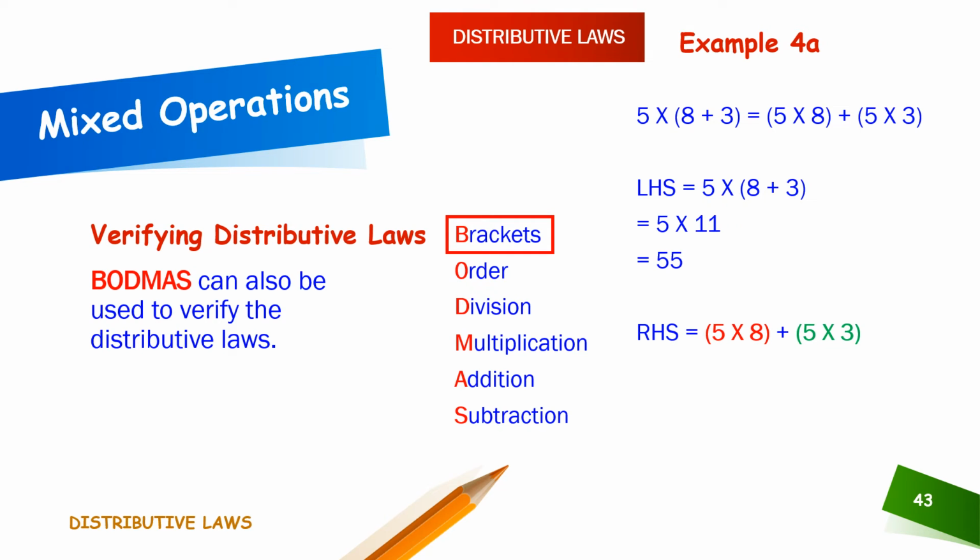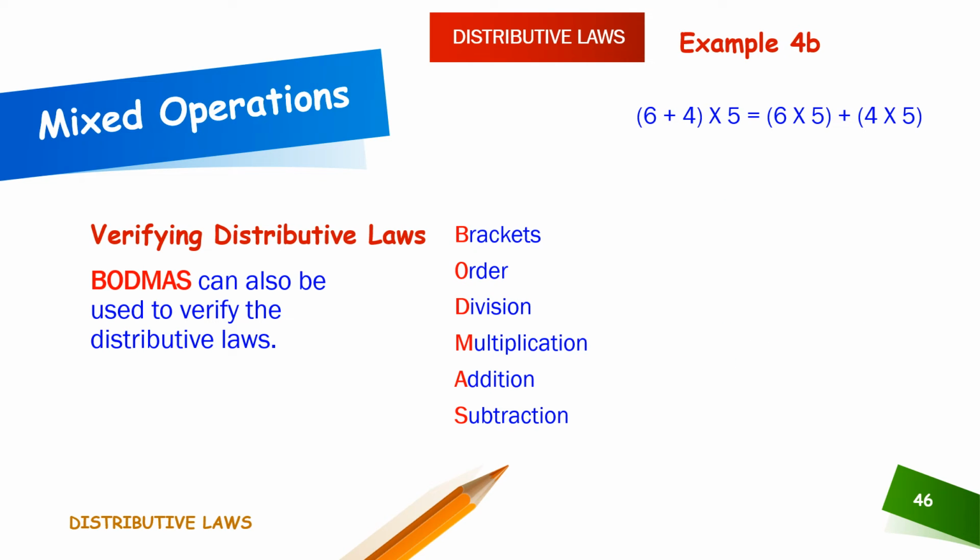In each of the brackets, we only have multiplication. So 5 times 8 is 40, and 5 times 3 is 15. Now let's consider the last step. There is only addition left, 40 plus 15. And this is equal to 55. So the left-hand side equals the right-hand side equals 55, and the first distributive law holds.